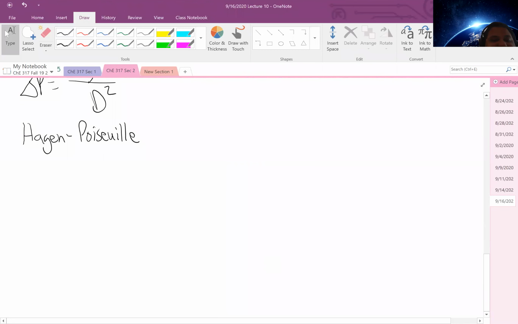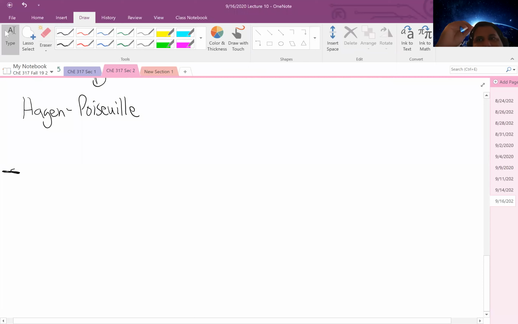Another thing that we have to consider when determining frictional dissipation and our friction factor is surface roughness.